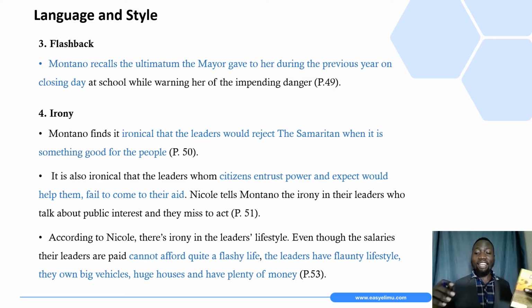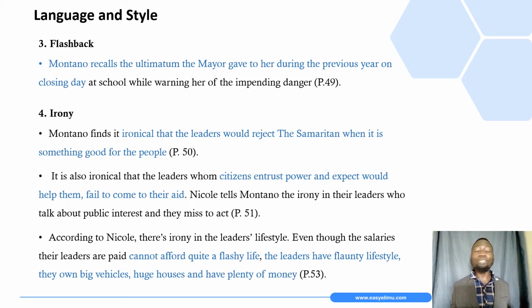So their salaries do not match their lifestyles and vice versa. There's no way you could be selling, let's say, bananas, just an example, dear students. So you cannot be selling bananas, then after 2 weeks, you are having a new car.